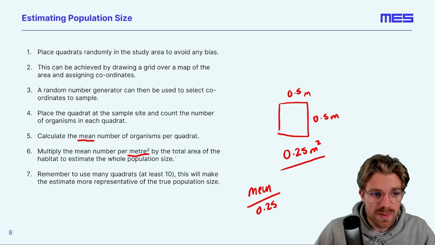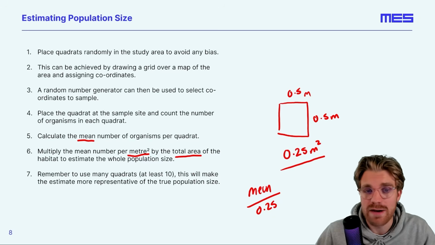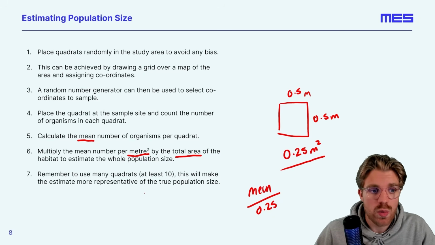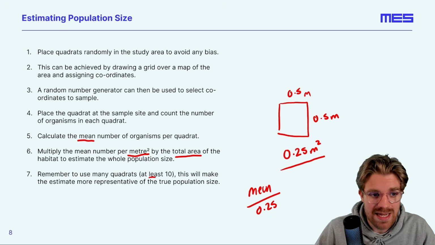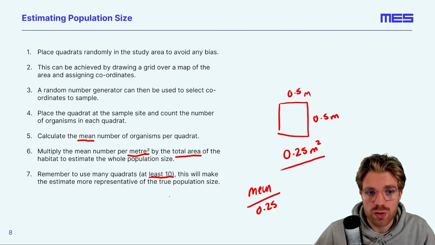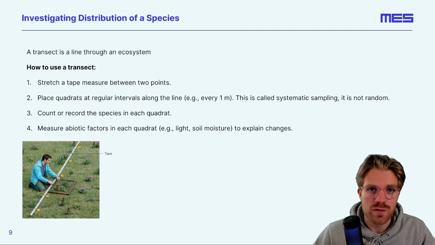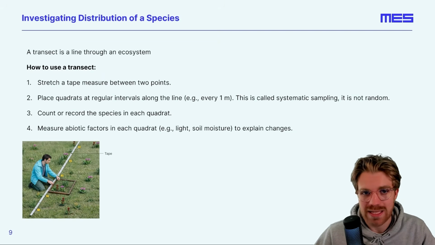And then we're going to multiply this by the total area size of the habitat to estimate the whole population. There's going to be lots of variation using this, so we want to use many quadrats, at least 10. This will make the estimate more representative of the true population size. What about if the distribution of an organism changes throughout a habitat?